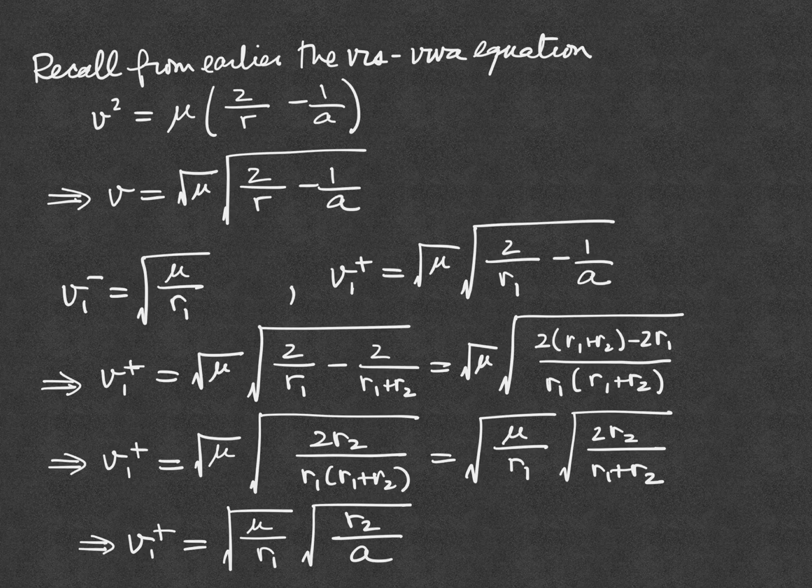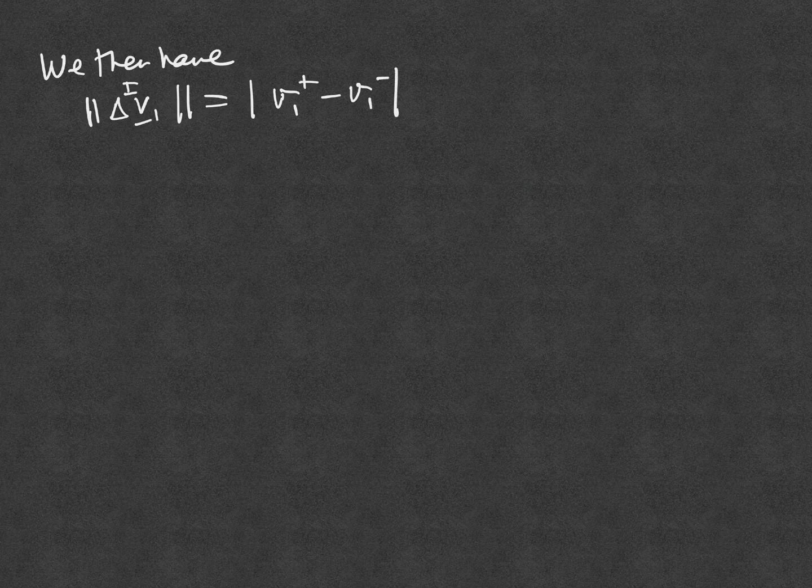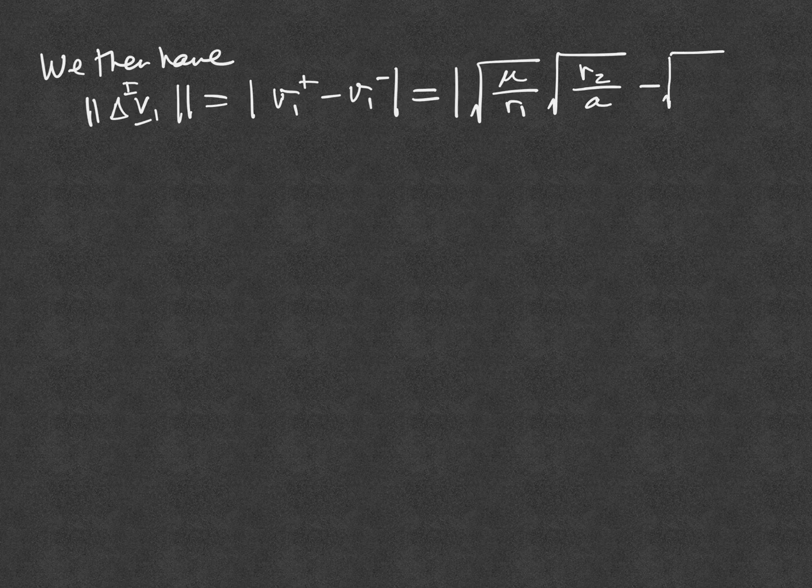So now we can actually figure out the magnitude of this first impulse. So we then have that the magnitude of delta v1I is equal to the absolute value of v1 plus minus v1 minus, which is equal to the absolute value of the square root of mu over r1 times the square root of r2 over a minus the square root of mu over r1.